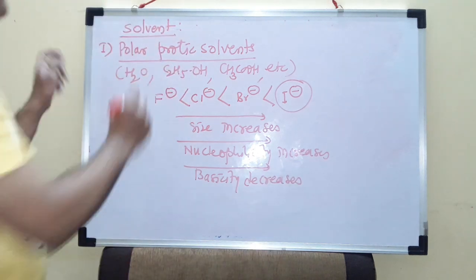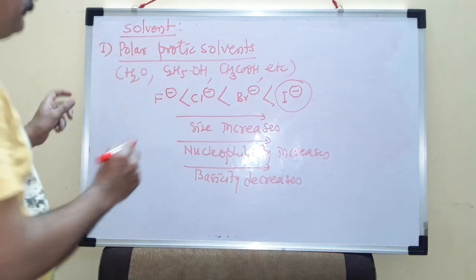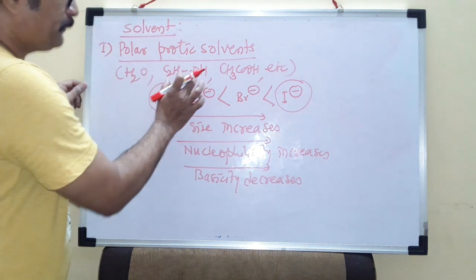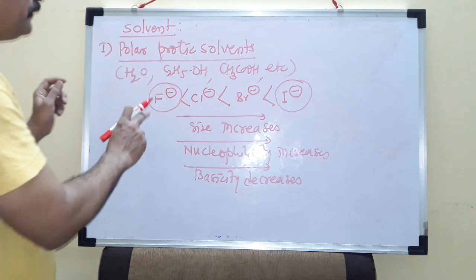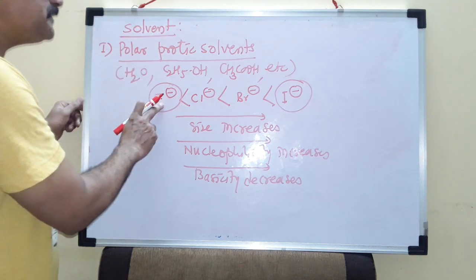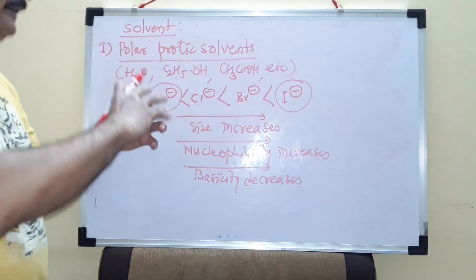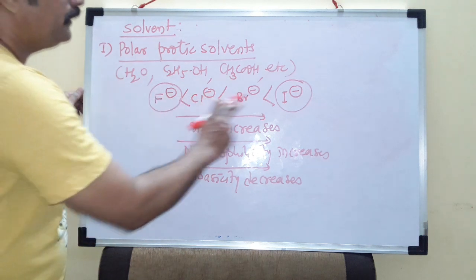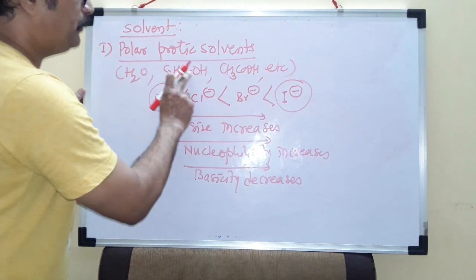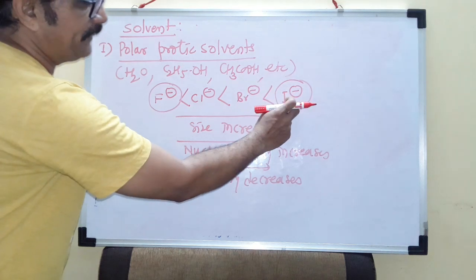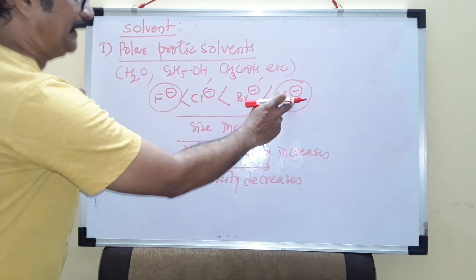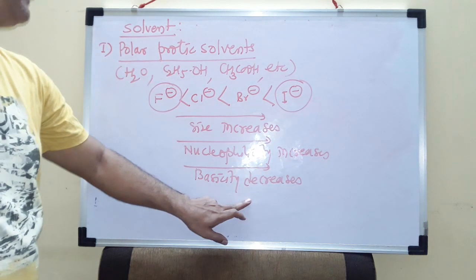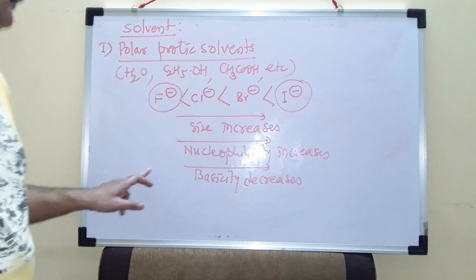Why is this happening in the presence of polar protic solvent? Because the smaller anions get trapped in polar protic solvent by hydrogen bonding. So we can say these ions are solvated. They are trapped in a cage of the solvent, so they are not free. When the size is larger, the polar protic solvent cannot trap the ion. Because of this, its nucleophilicity increases. So in polar protic solvent, this is more nucleophilic and less basic. This is more basic and less nucleophilic.